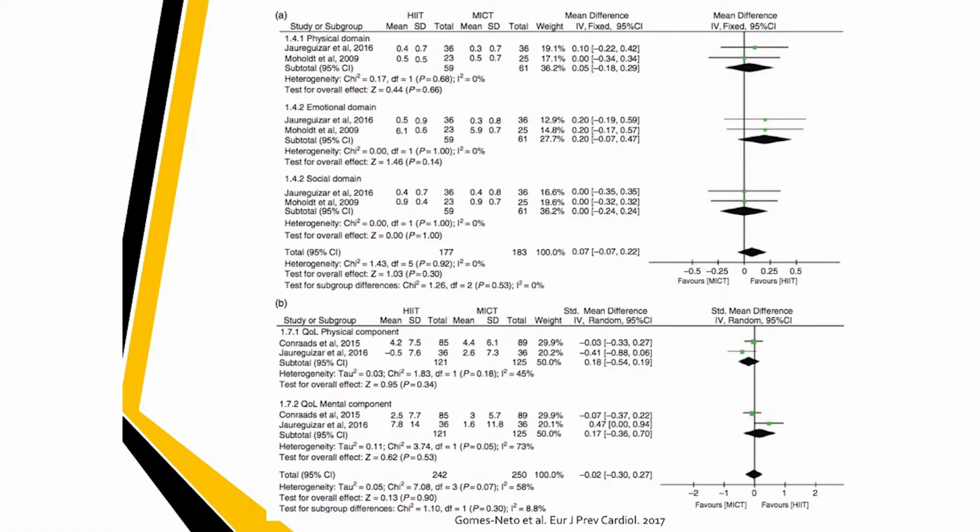When you move on and look at some of the quality of life factors, and this is kind of small, you really can't see that, but you could see how the diamond is much wider, right? The length of the diamond is much larger, so it's not a clear difference that we could see. And it moves around the zero marker. What that tells us is that there may be differences, to the right or to the left of that inverted T, favoring high-intensity interval training or continuous training, but it's not clear.